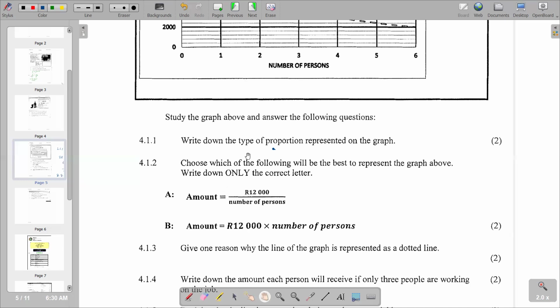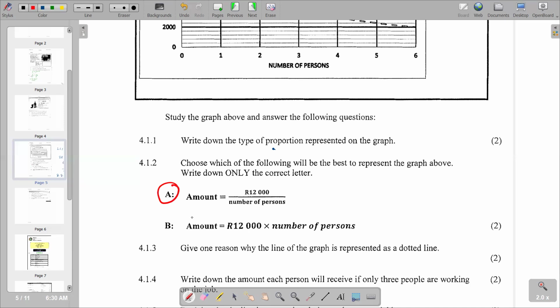A represents an inverse proportion, whereby if the number of persons increases, it reduces the amount. So A is the correct response.